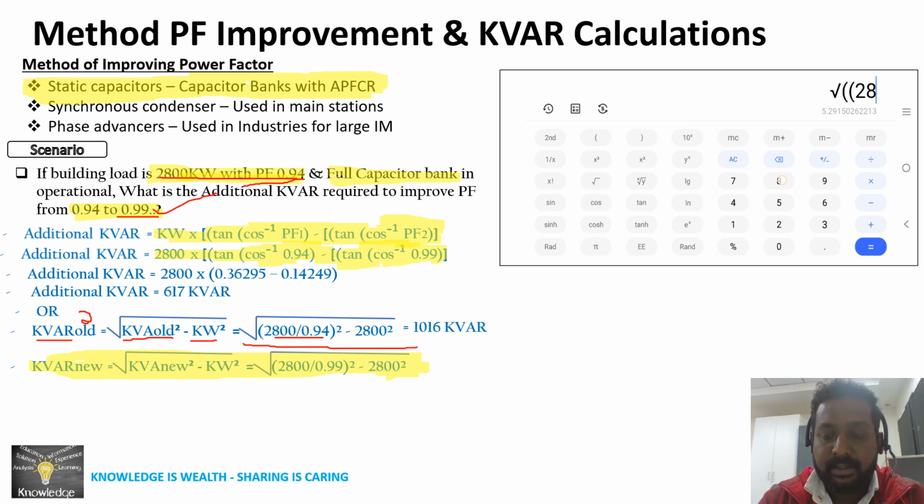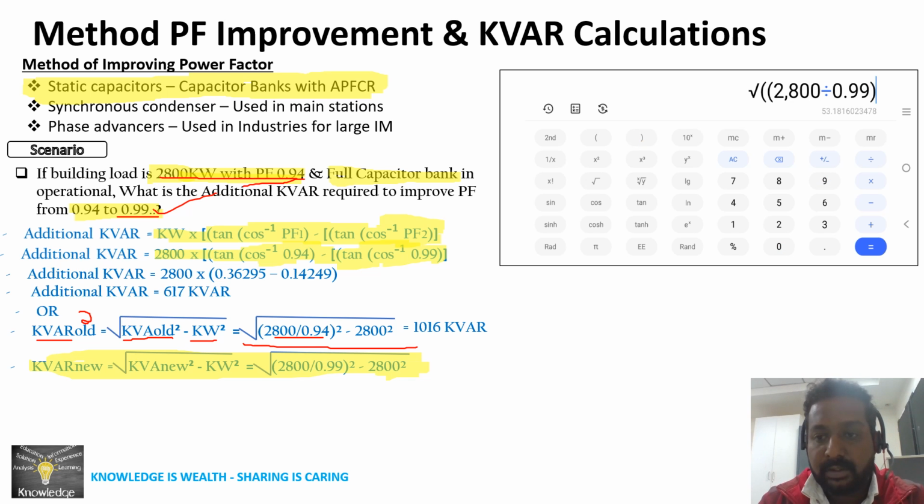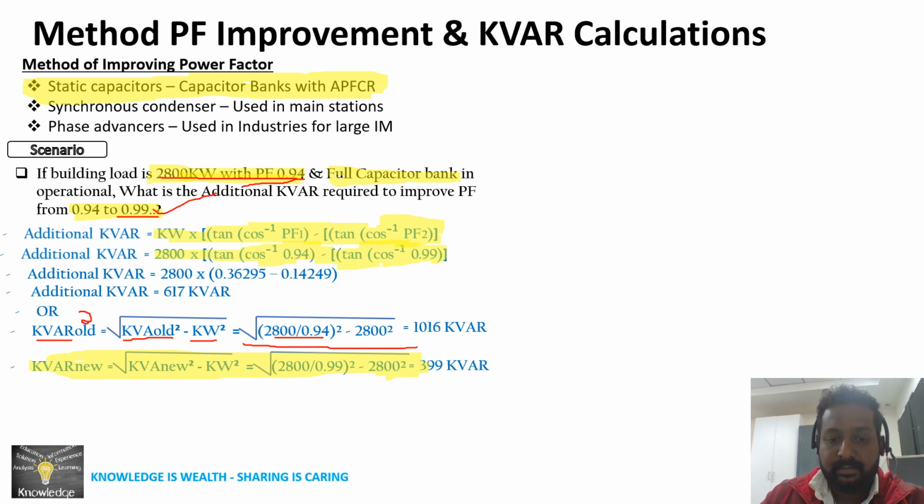The square root of (2800 divided by 0.99) whole square minus 2800 square is coming to 398.97 kVAR. So the additional kVAR required is 1016 kVAR minus 399 kVAR, which is equal to 617 kVAR.